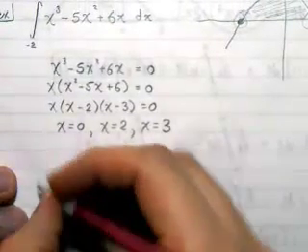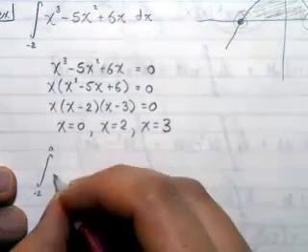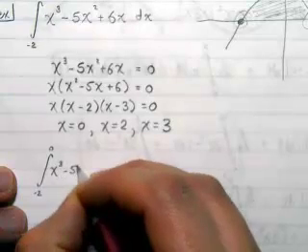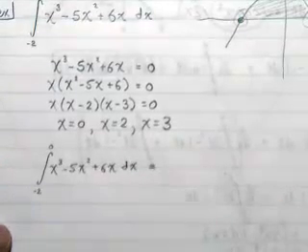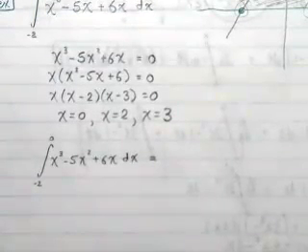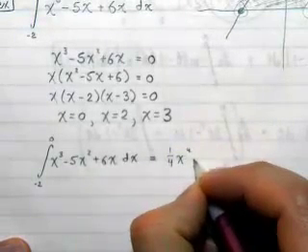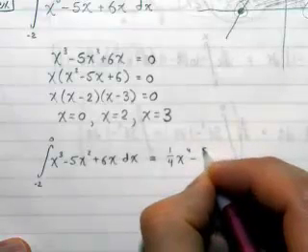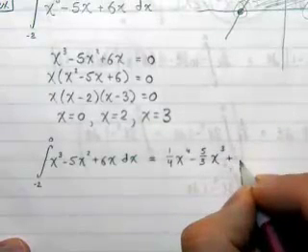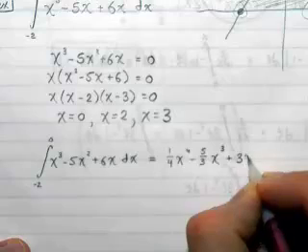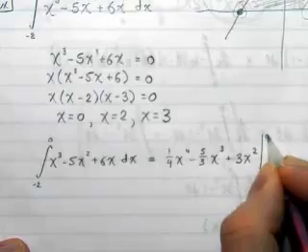So if we go -2 to 0 of x cubed minus 5x squared plus 6x dx, let's see what we get for that. The antiderivative is 1/4 x to the 4th minus 5/3 x to the 3rd plus 3x squared, evaluated from -2 up to 0.